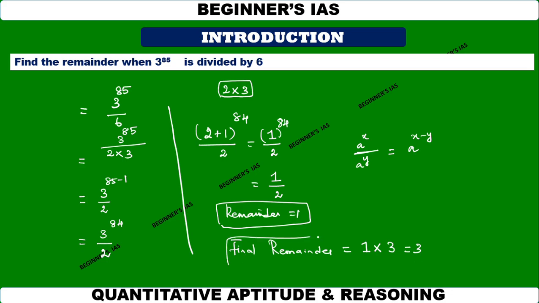This is the final remainder. Please go through it again if you did not understand this concept. This is a very, very important concept. We are just adjusting the base of 3. That is why you need to multiply that with the remainder to get the final remainder. If you know this logic, I will move on to the next question.